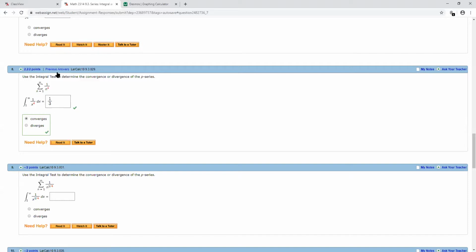However, after this connection has been discovered, like we just talked about for almost an hour, in the future, when you get a sequence that's a P sequence, they're not going to ask you to evaluate the improper integral on the WebAssign. They're just going to say, hey, does this series converge or diverge?